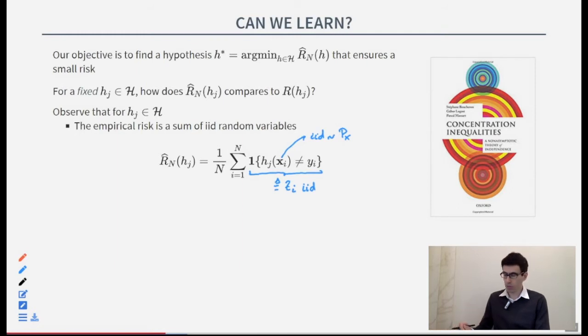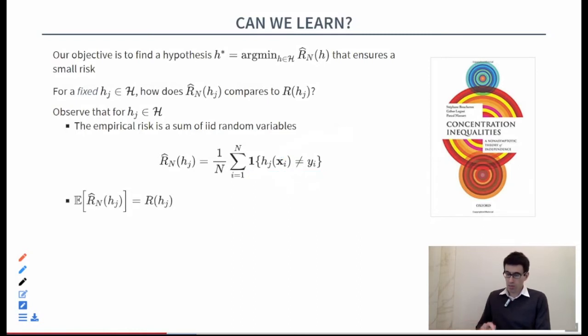So what? Well, the good news is that such quantities are really well known in probability and statistics, and people know a lot about what to say about them. The other observation that we can make very briefly is about the expected value of the empirical risk. When I write an expectation like this, you should always ask yourself, what is the expectation over? Well, what is random in my definition of the empirical risk?